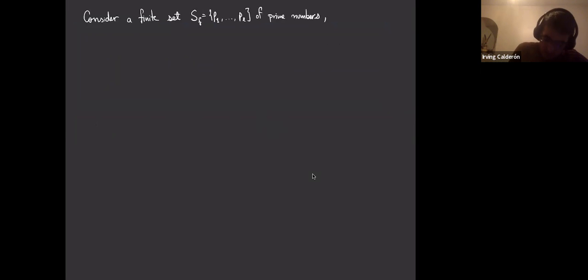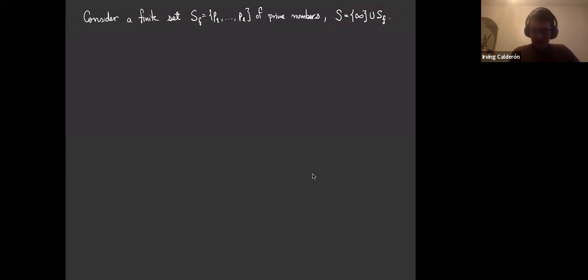So S_f will be some finite set of prime numbers, p1 to pL. And when we add the infinity, I will denote this by S. So S during all the talk will be a set like this.